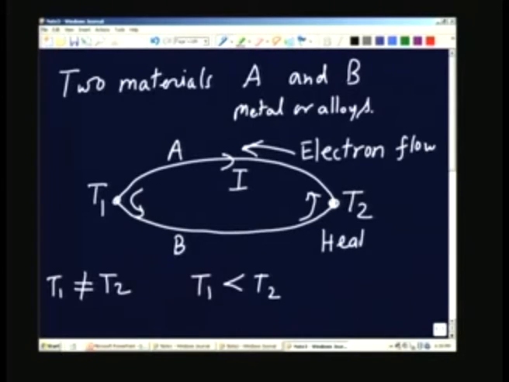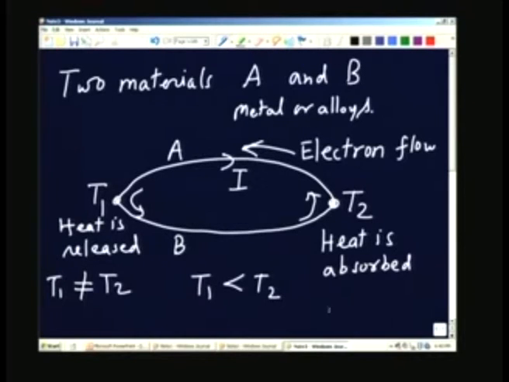Heat is absorbed at the junction here, and heat is released. This is called the Peltier heat.